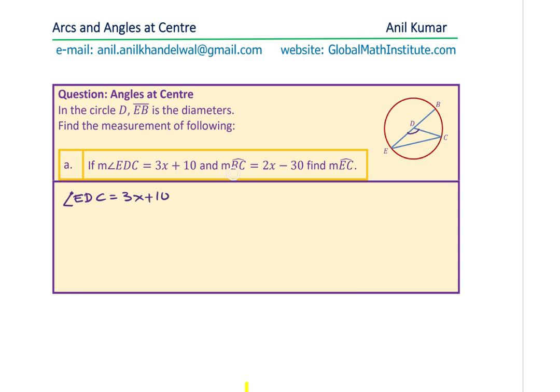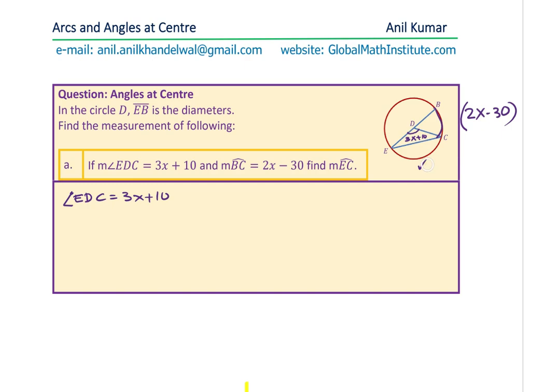And we are given that the measurement of arc BC, so arc BC is right there, is 2x minus 30, right? So that is the arc BC, and the angle here is 3x plus 10. Correct. So these two things are given to us. We need to find the measurement of angle E to C. So this is what we need to figure out.